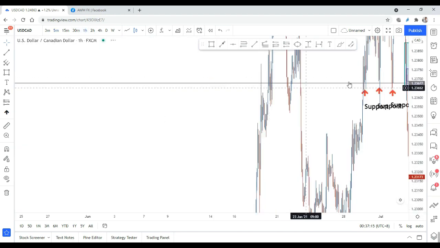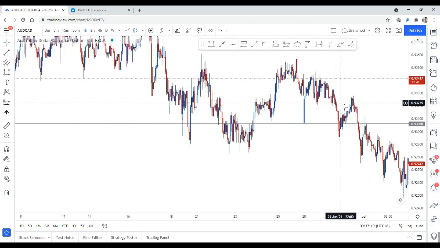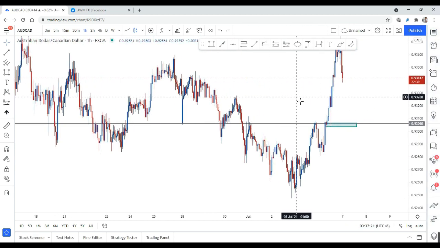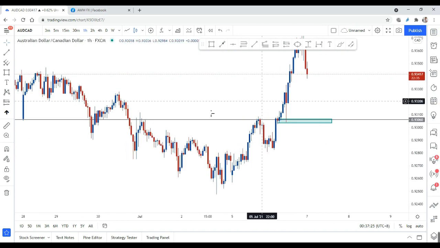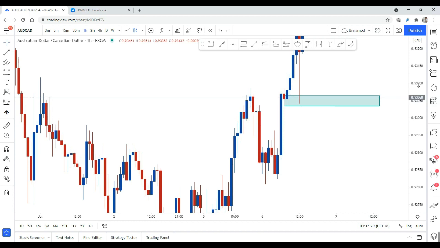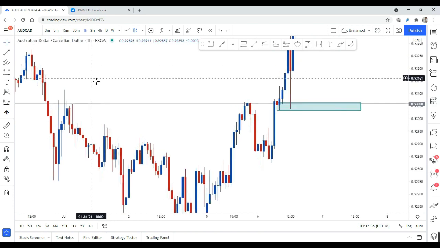All right, I'm going to show you another example. This is another one, this is RBS. If you see, I highlighted over here. If you look at this chart, this is AUD CAD 1 hour.